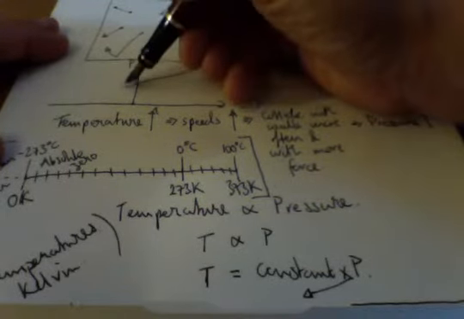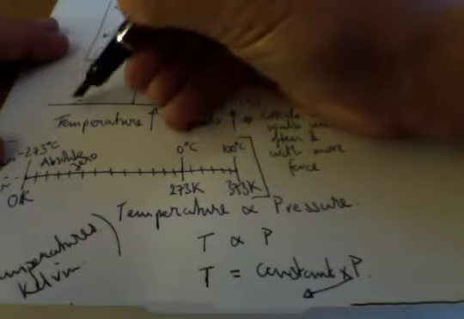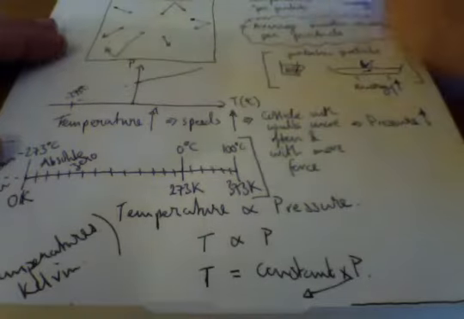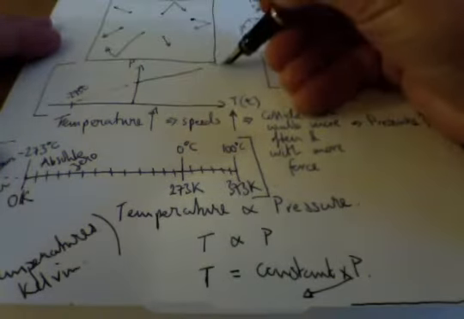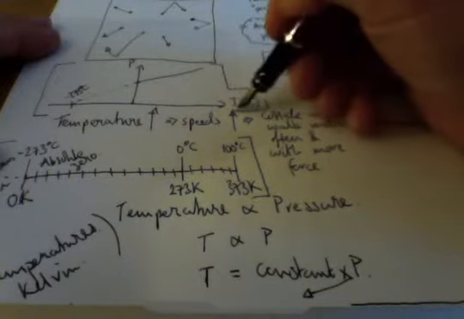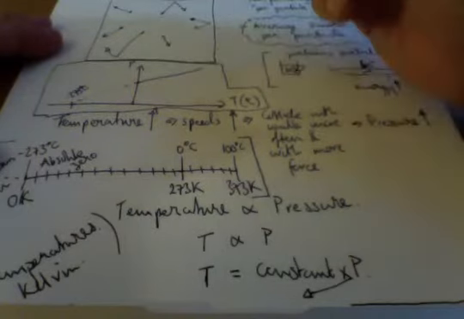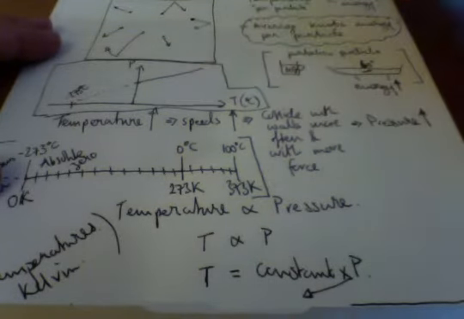However, when we track this back, the point at which there is no pressure is minus 273 degrees Celsius, or 0 Kelvin. So that's a really important little point to bear in mind. Now, you might say to yourself, well, I know that the pressure decreases when it suddenly becomes a... We're not talking about changes of state here, we're just talking about the movement of particles.